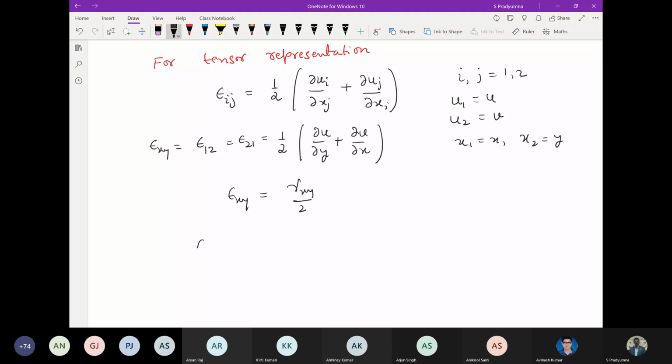Now I can write the strain tensor as epsilon xx, epsilon xy, epsilon xz, epsilon xy or yx, both are same, epsilon yy, epsilon yz, epsilon xz, epsilon yz, and epsilon zz.